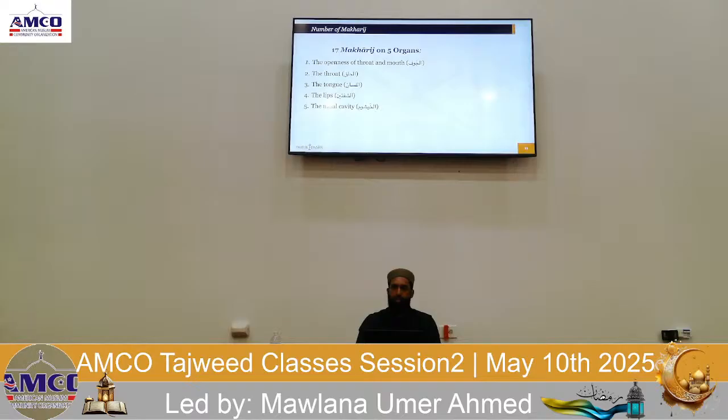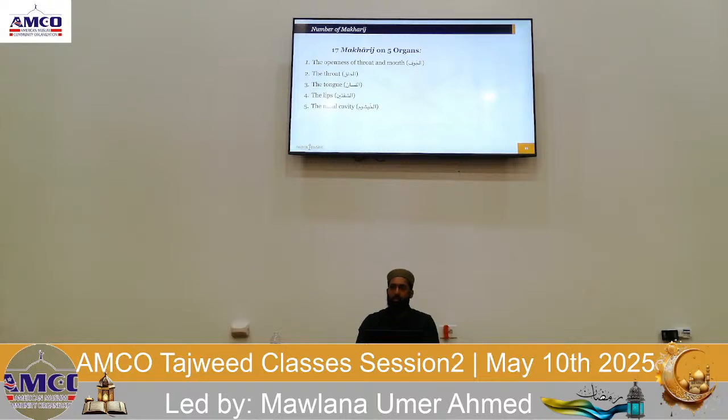And then we have ash-shafatayn, which means the lips. أَلَمْ نَجْعَلْ لَهُ عَيْنَيْن وَلِسَانًا وَشَفَتَيْن. The lips, for example, ba and mim. And the last one is the nasal cavity, meaning the nose. The nose doesn't have a specific letter in Arabic, but it has a sound.